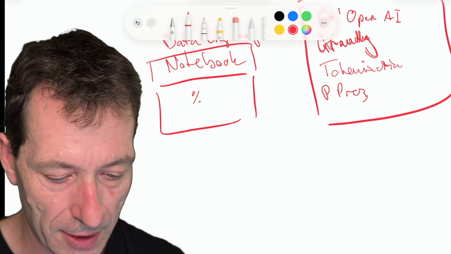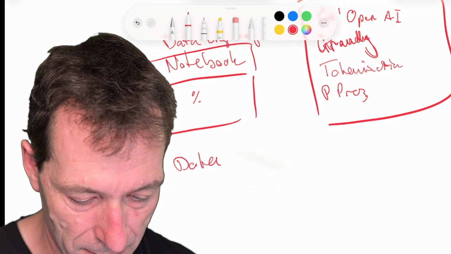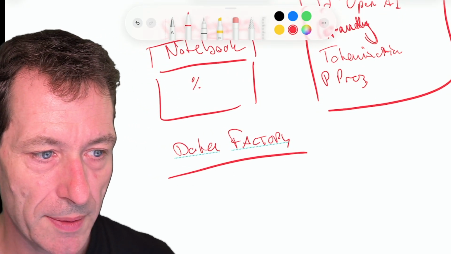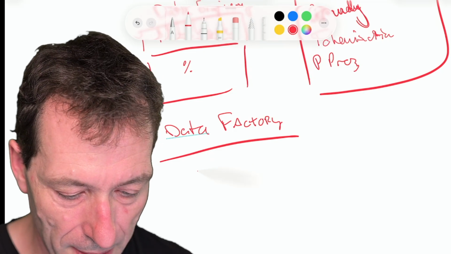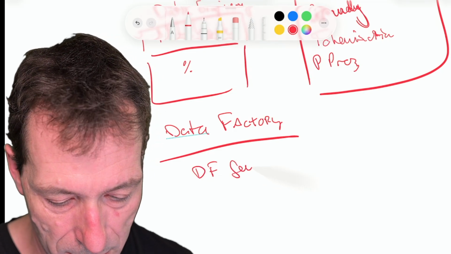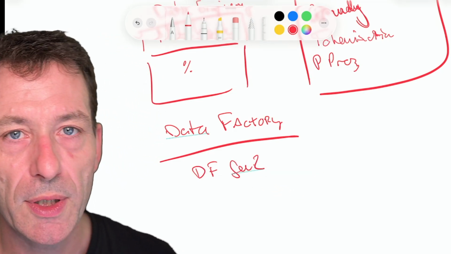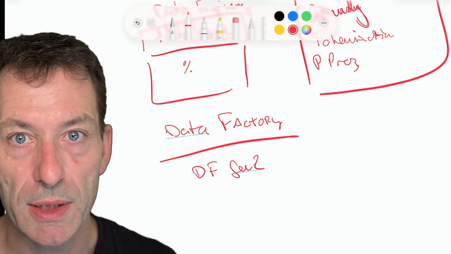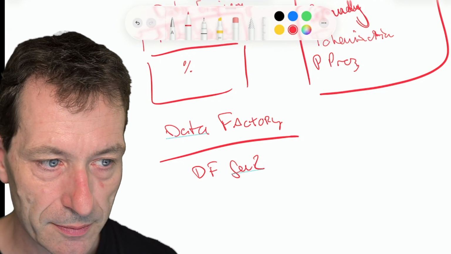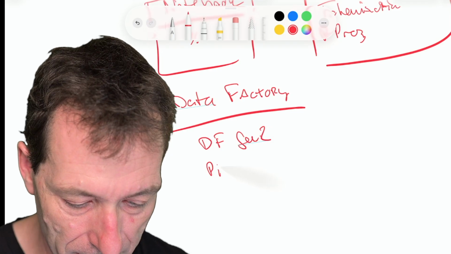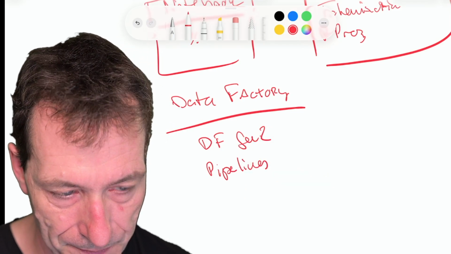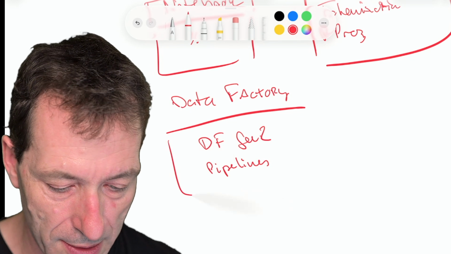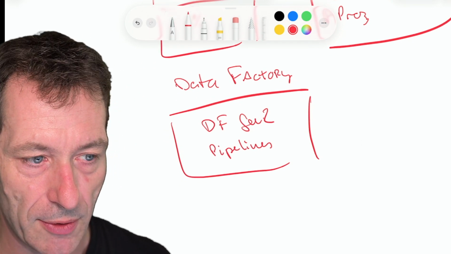Next, you have Data Factory. In Data Factory, you can use Copilot in Dataflow Gen 2. There you can transform data, you can explain queries, and you can create columns and so on. And you can use it in pipelines. In pipelines, you can generate activities, and you get assistance when you have errors.